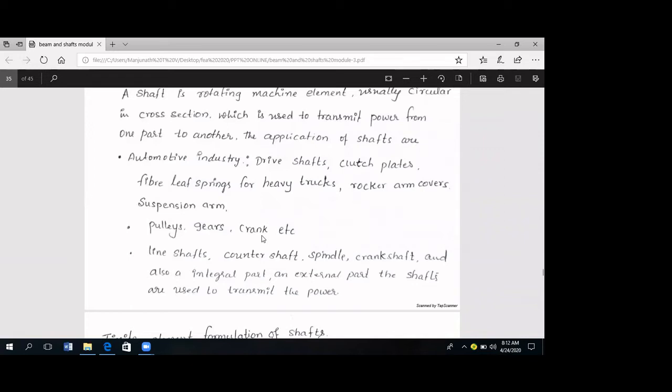So the design decision is based upon how the shaft is analyzed. Here the shaft is discretized into a number of elements. As it is discretized into a number of elements, there will be a number of nodes, and at each node we can find the displacements.